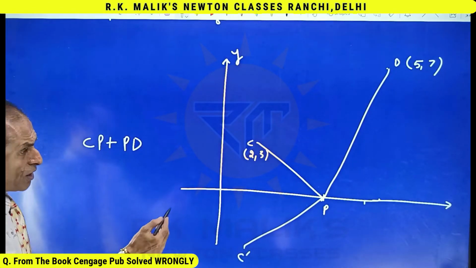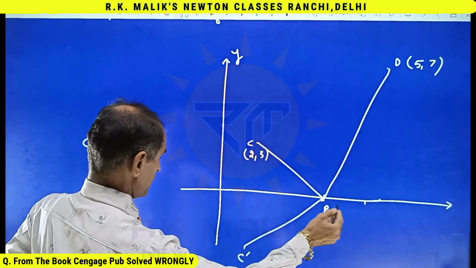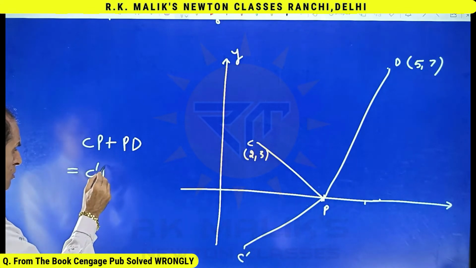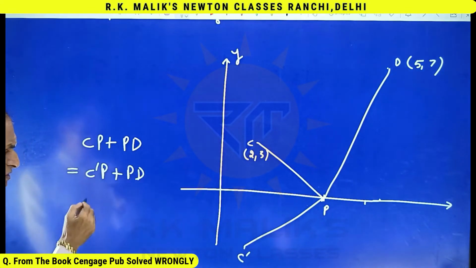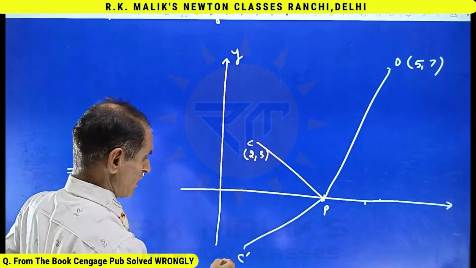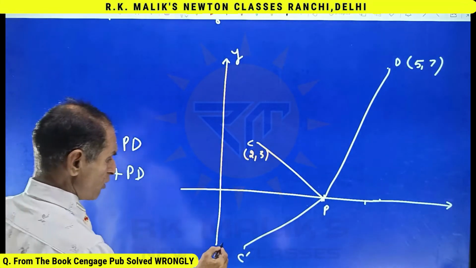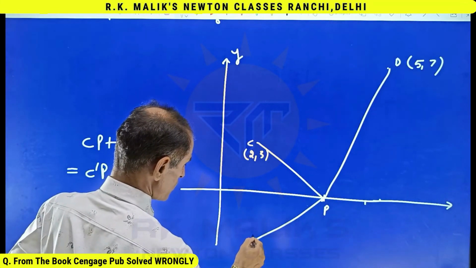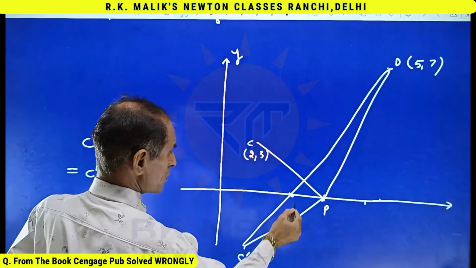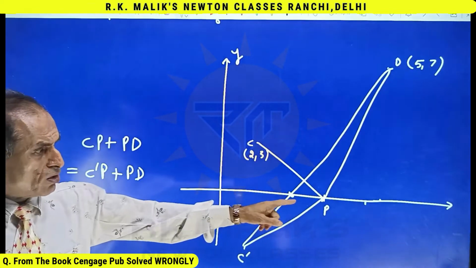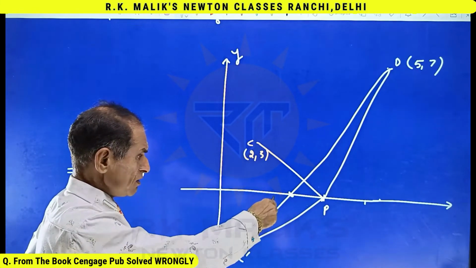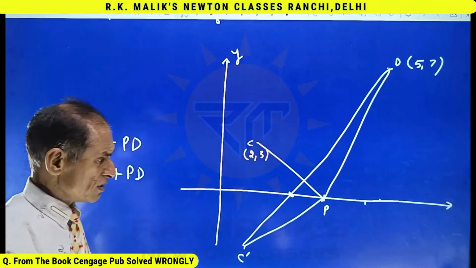It is clear that wherever P moves on the x-axis, CP will always be equal to C dash P, and C dash P plus PD. The least value of this will be when P comes somewhere on the x-axis such that C dash, P and D are in a line.